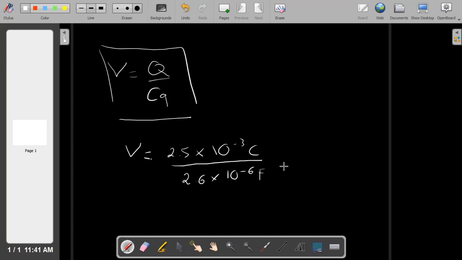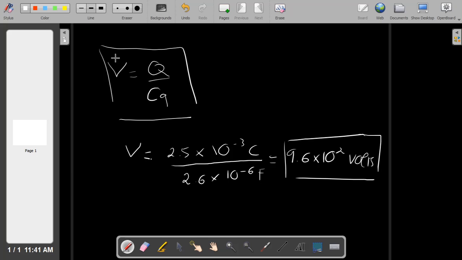Okay? Put everything in your calculator and compare your answer to the book or to the number I'm going to give you: 9.6 times 10 to the 2 volts. Remember that the units for electrical potential are volts. So there you go. I should have put it in yellow if I want to be consistent. So there you go, yellow, okay?